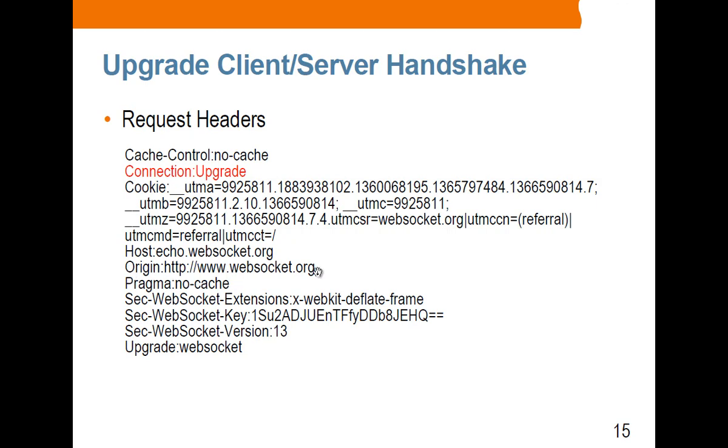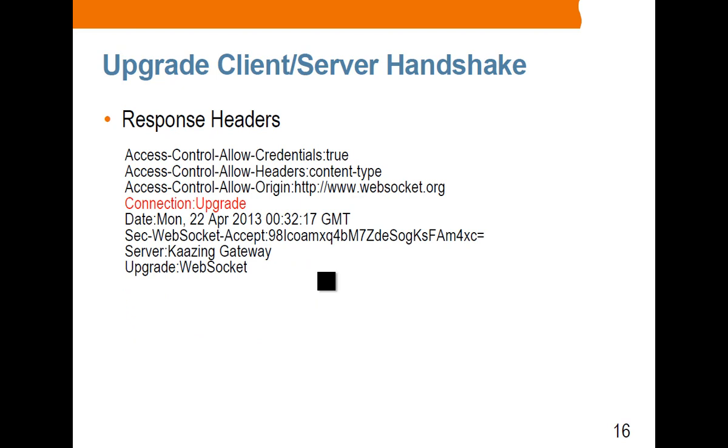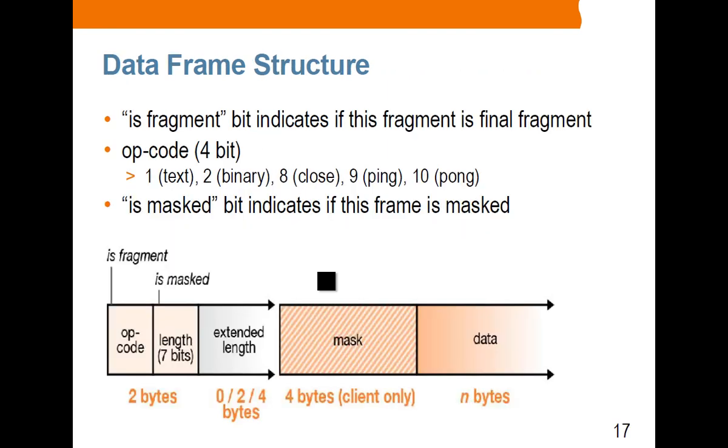And this is the response from the server. This basically indicates that the server says, I can support WebSocket, so from the next communication, let's use the WebSocket communication protocol. That's basically what's happening. In terms of data frame structure, this is what is used underneath.